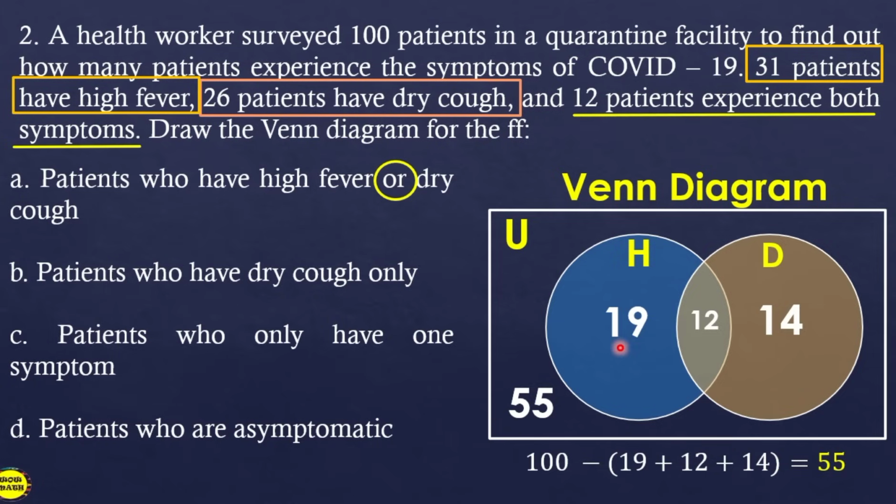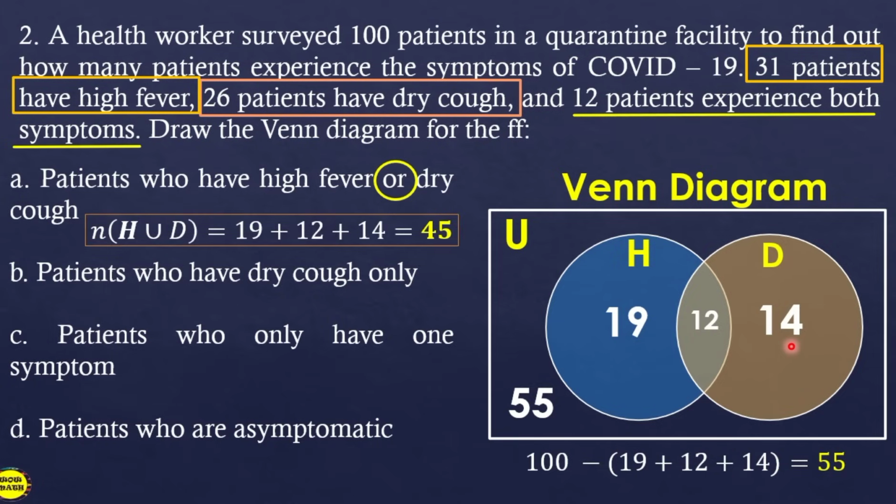So, 19 plus 12, that is 31, plus 14, that is 45. Okay, so ulitin ko po na ika-count po natin as 1 itong intersection. Kasi yung iba, since union siya ng high fever and dry cough, bibilangin nila ito 31 and then bibilangin pa nila ito 26. No, ika-count po natin to as 1.